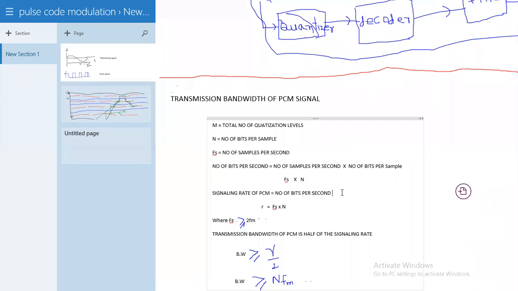So here next, another important parameter: the signaling rate of PCM. That is nothing but the information rate, which is the number of bits per second.